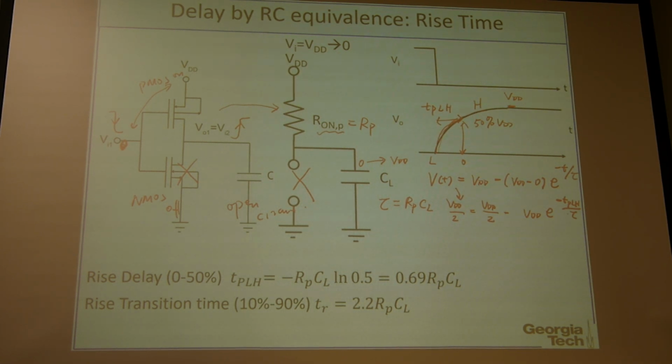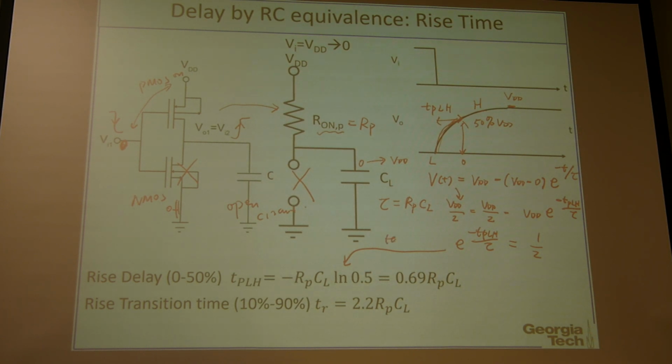So you just need to solve for this one. You can cancel all the VDD and move the terms around. You will get the tau TPLH. So you can take the log on both sides. Then you will get this one.